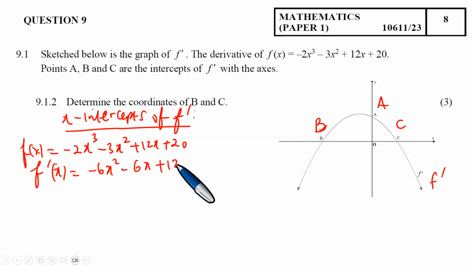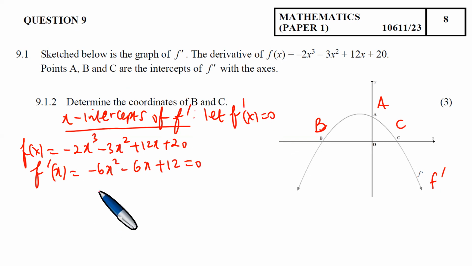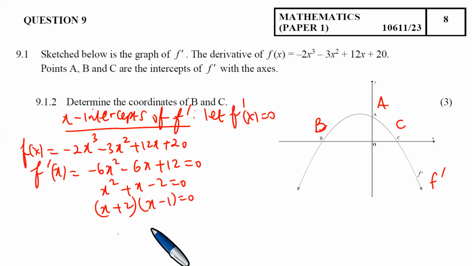Right, so now to find the x-intercepts of f prime, you let f prime of x be equal to 0. Which means that it is x squared plus x minus 2 equals 0. Which means that it is x plus 2 times x minus 1 equals 0.